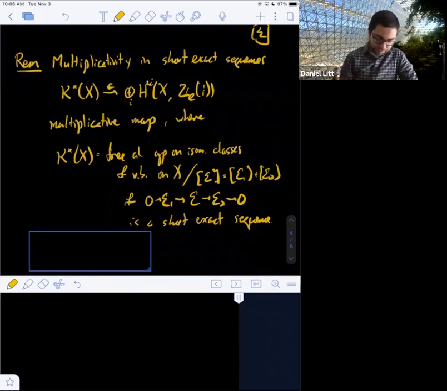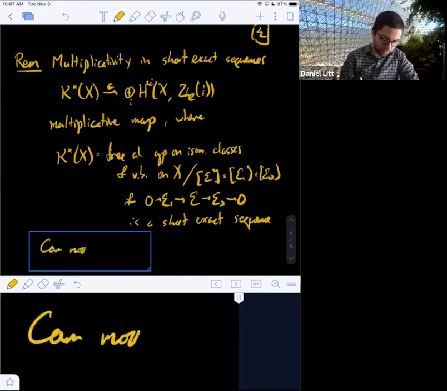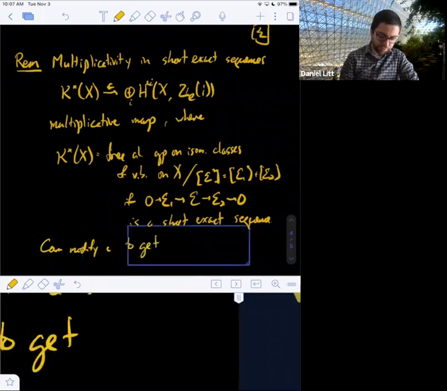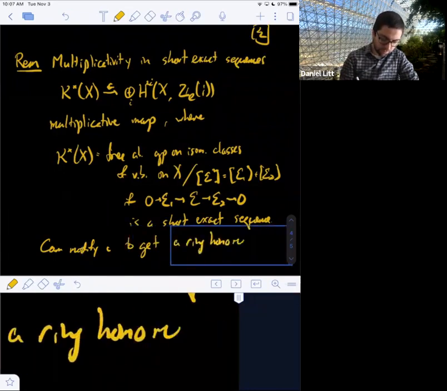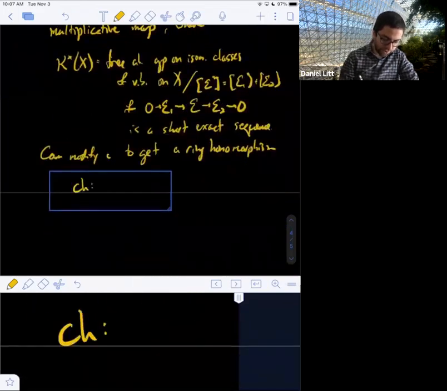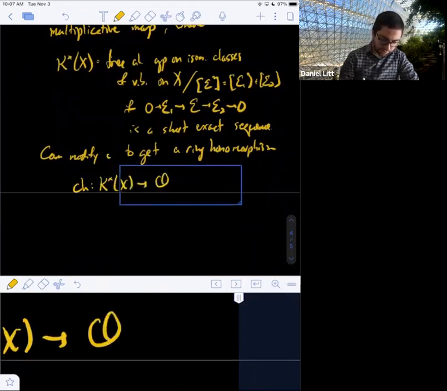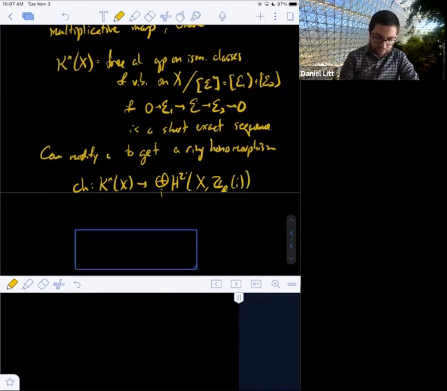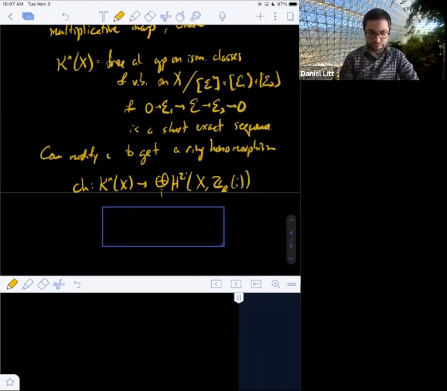So one can modify this to get actually a ring homomorphism, which I'll call ch, from K star of X to this direct sum over i of H^{2i}(X) with coefficients Q_l(i). So what is the product structure?